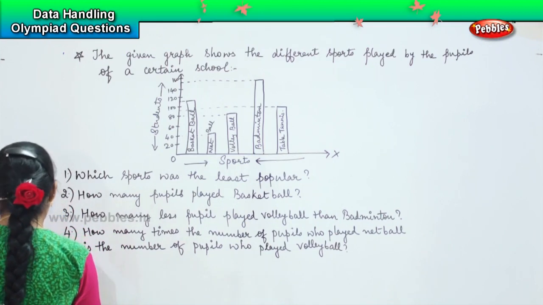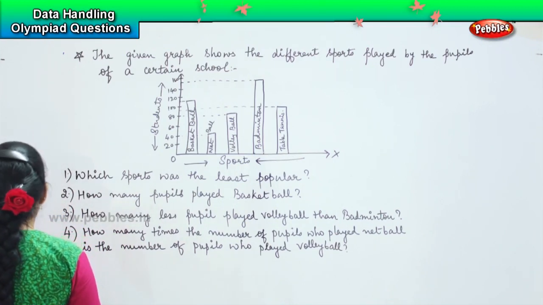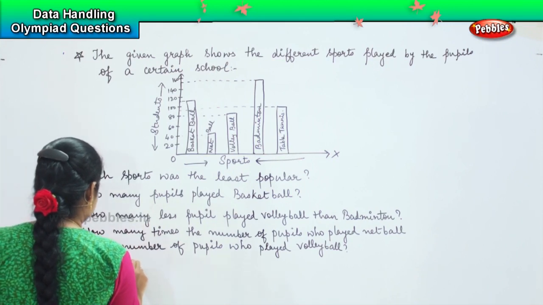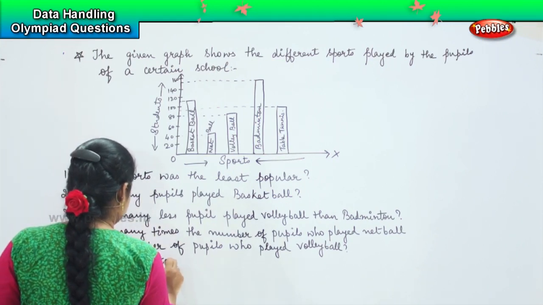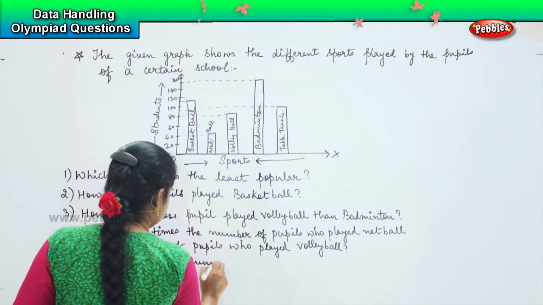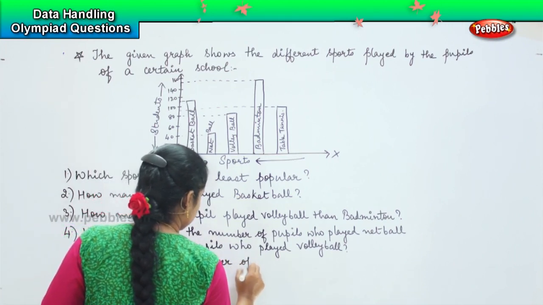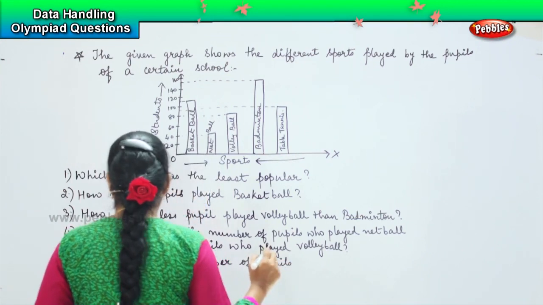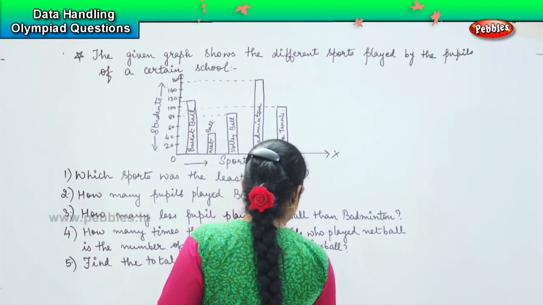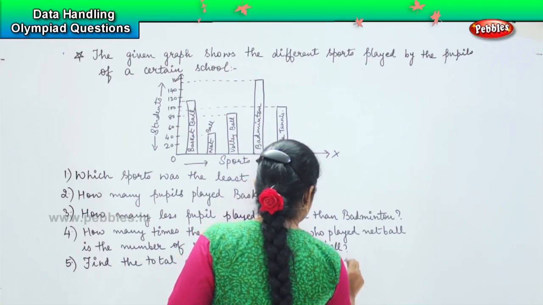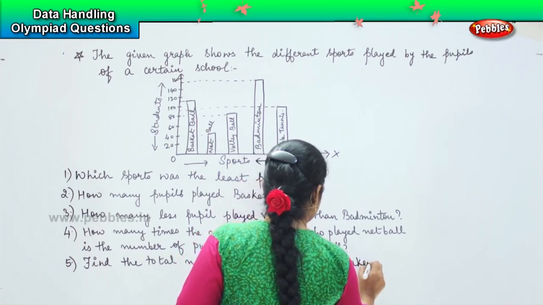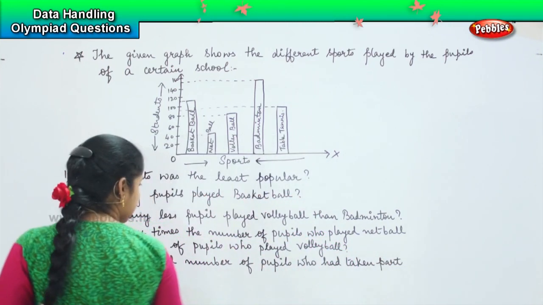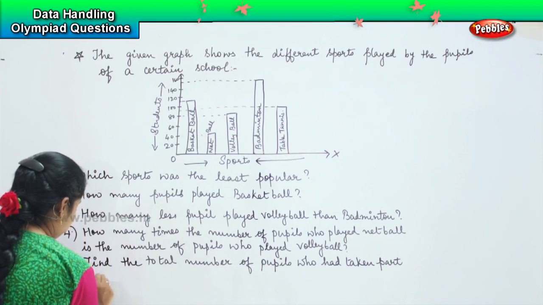And the last question is, find the total number of pupils who had taken part in the sports.